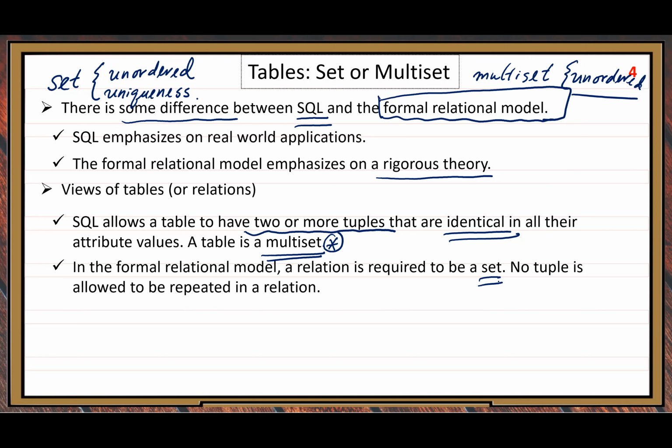When you go to the business world, you need to use that multi-set understanding. In this class, we will use that multi-set understanding. Don't worry, if your table contains multiple rows with the same values, that's a legal table.